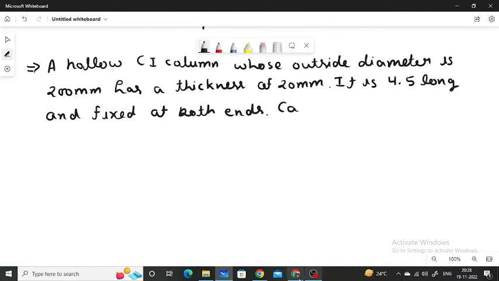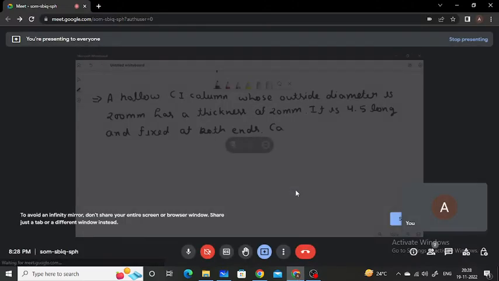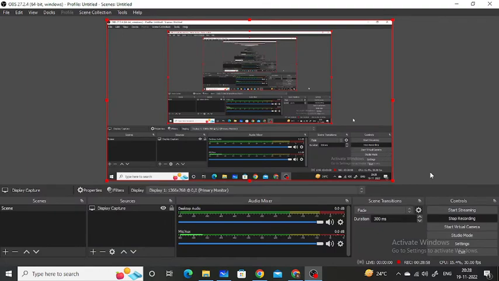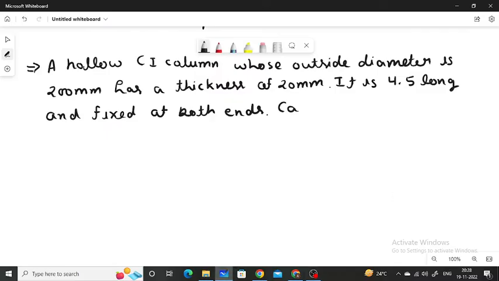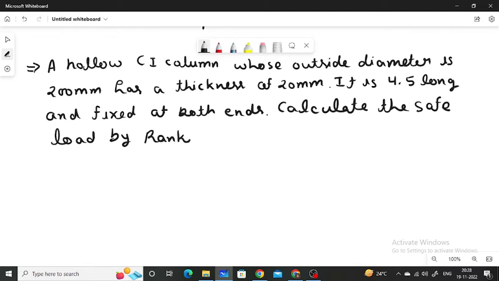Calculate the safe load by Rankine Gordon formula.